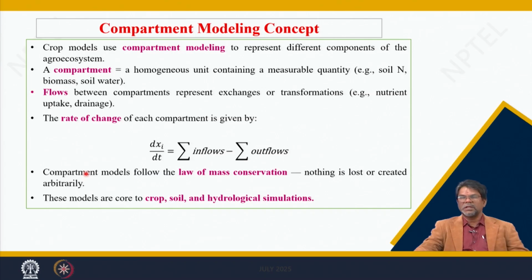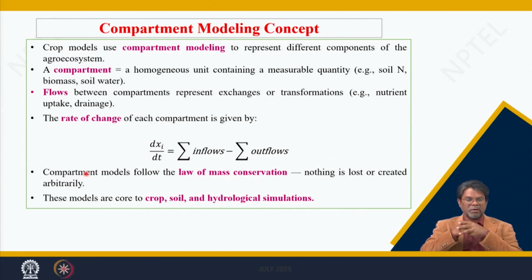So, what is the crop model? We use compartment model symbols. What is the compartment model? Now this compartment modeling concept is used for application in other fields, and here it is also used in the agricultural field. The symbols of compartment models help to represent the crop model's input output relationship, how the flow occurs within that model.